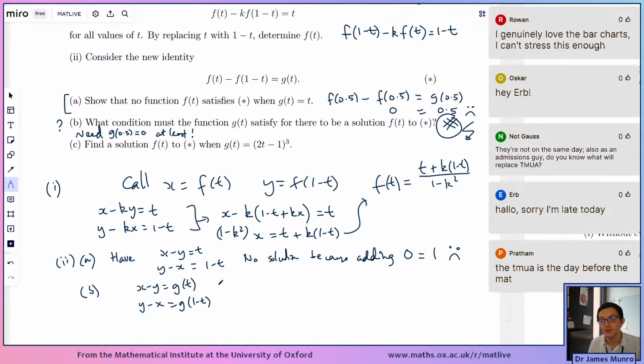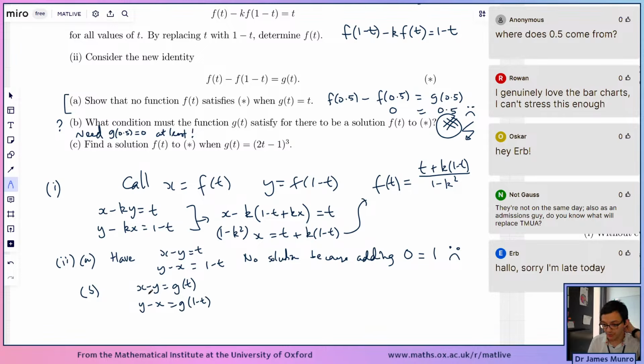Okay, I can kind of see where this is going, that these things on the left, the x and y things, this one is the negative of the other one. So we need g of t to be minus g of 1 minus t. Like, we just definitely need that. If we have that, then I think we're okay.